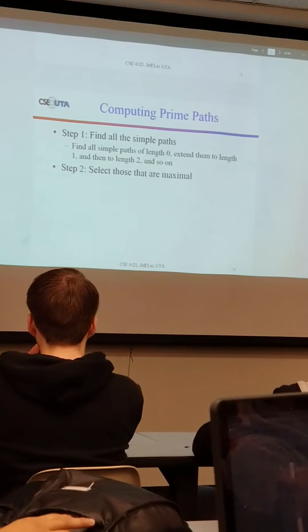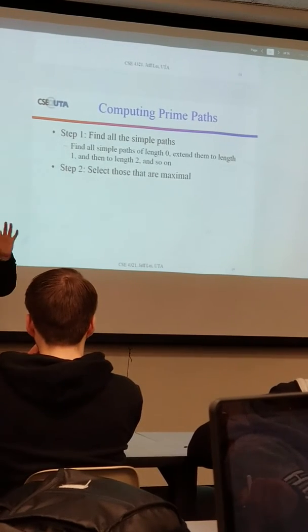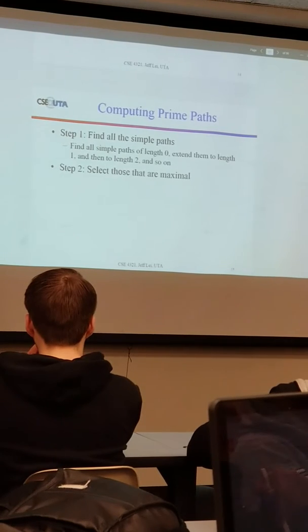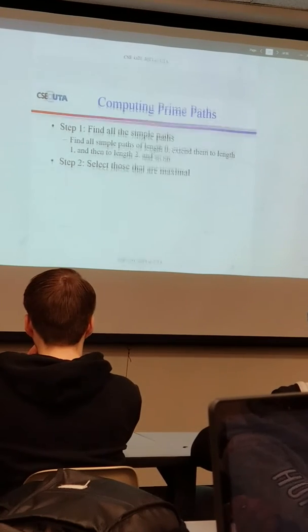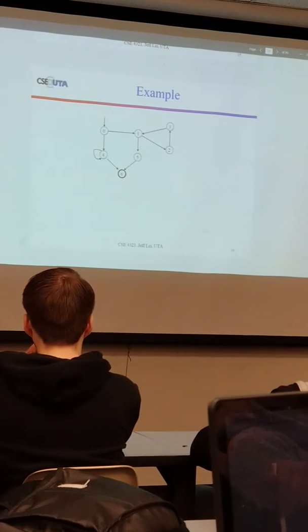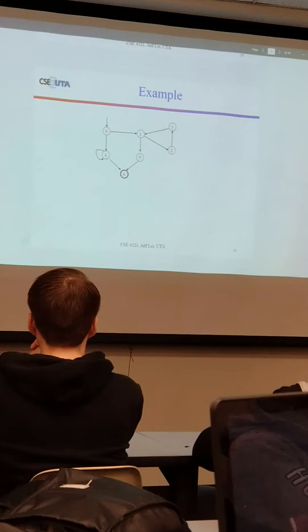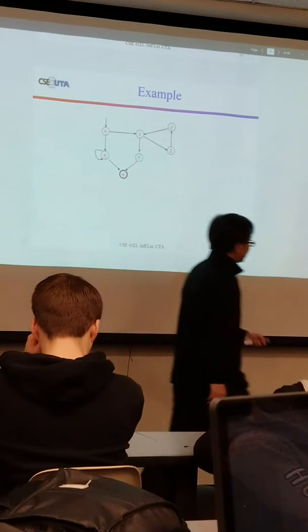Because you do not allow internal loops, the number of simple paths is guaranteed to be finite. You can definitely stop. We're going to look at an example to see how we can do this. I'm going to copy the graph on the whiteboard and do it step by step to see how we can compute prime paths.